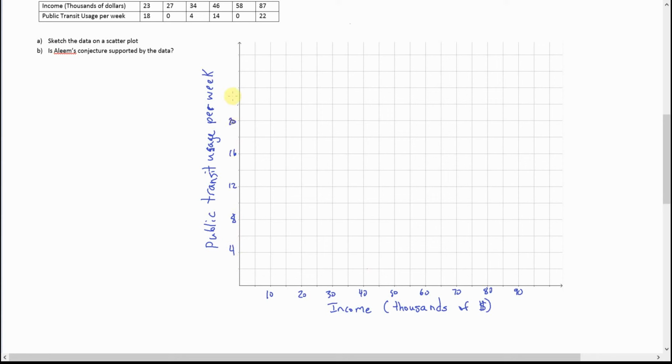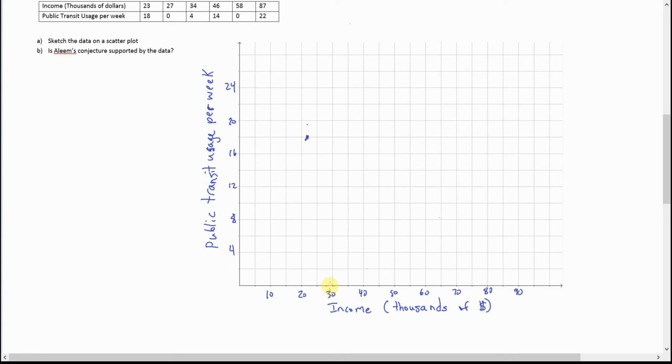Okay, so our first income is 23,000 and they're taking the bus 18 times. Oops, right there. Then 27,000 and 0.